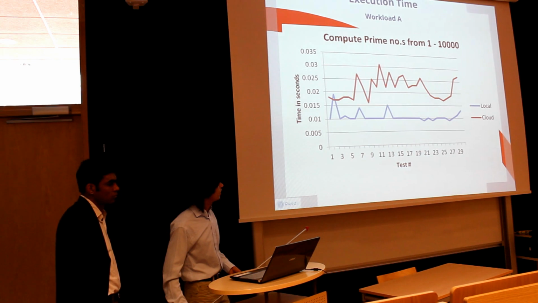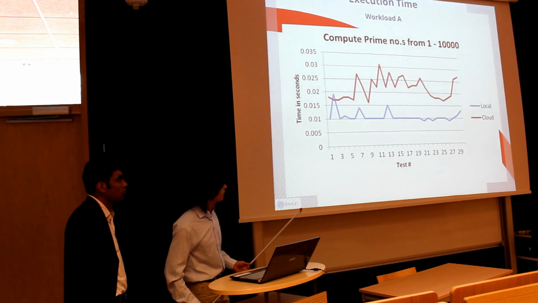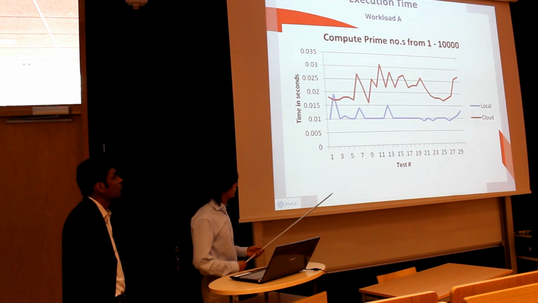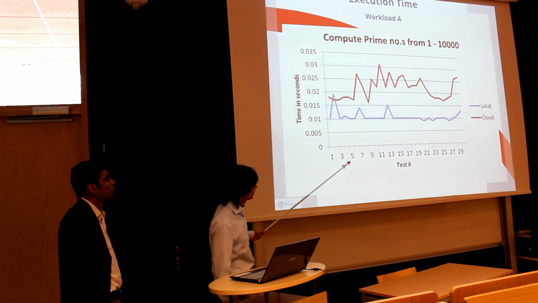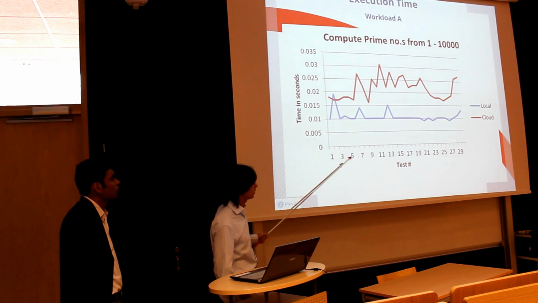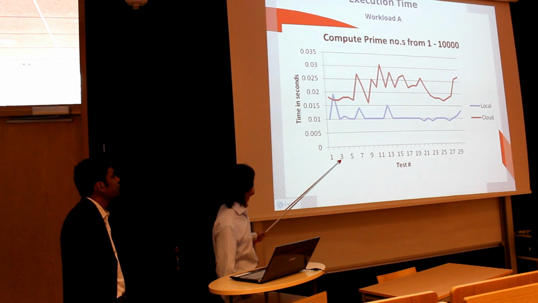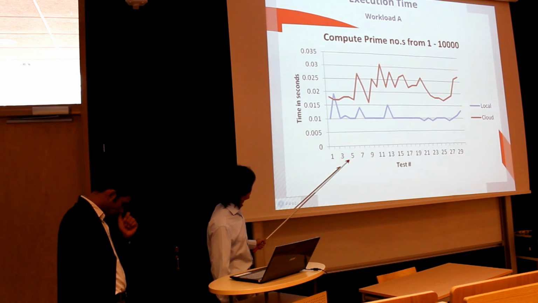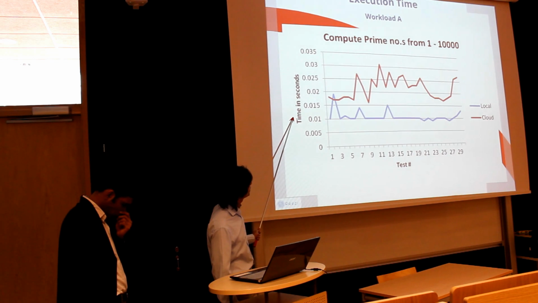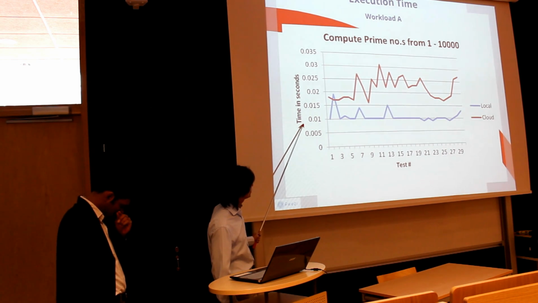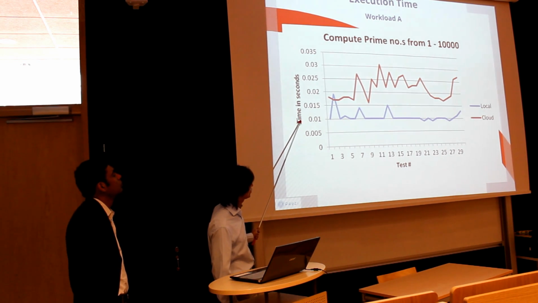By using workload A, we came up with these results. On the x-axis, there are the number of tests that we have conducted, the experiments, that is 1, 3, and 6, up to 30 experiments. On the y-axis, it shows the execution time in seconds, so how much time both the local and cloud server took.